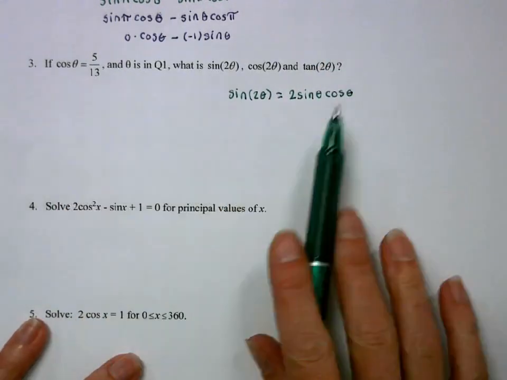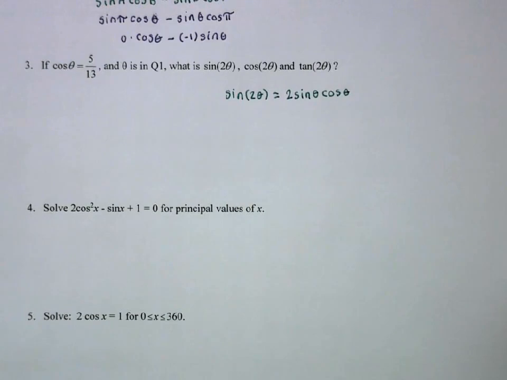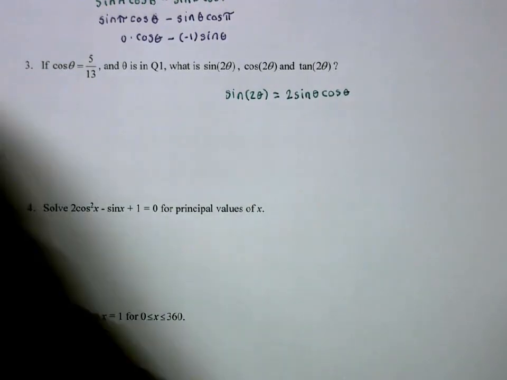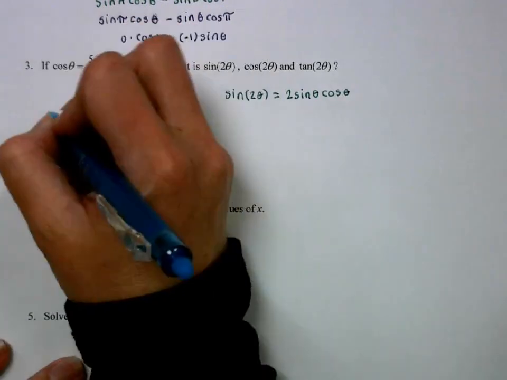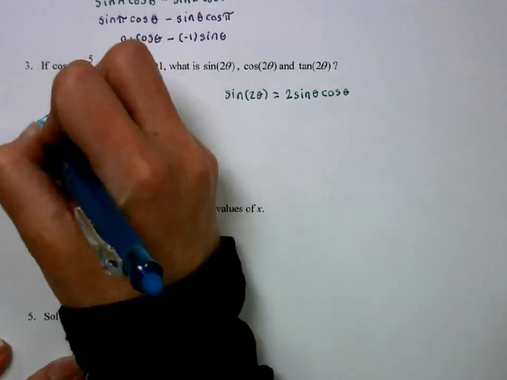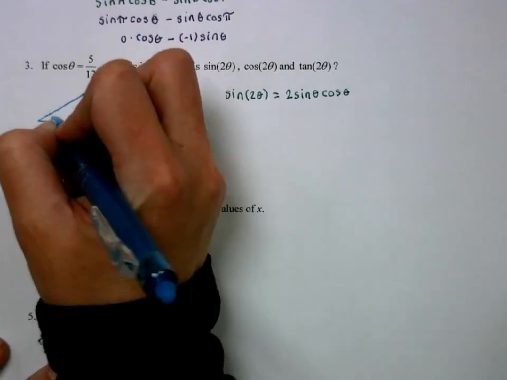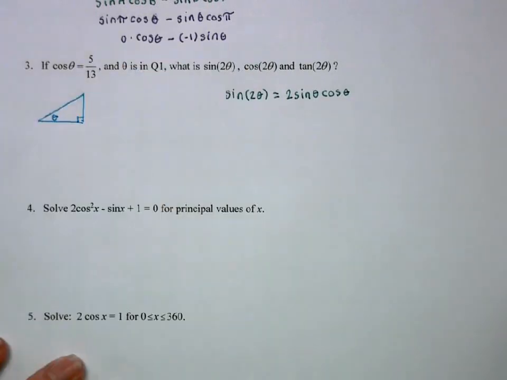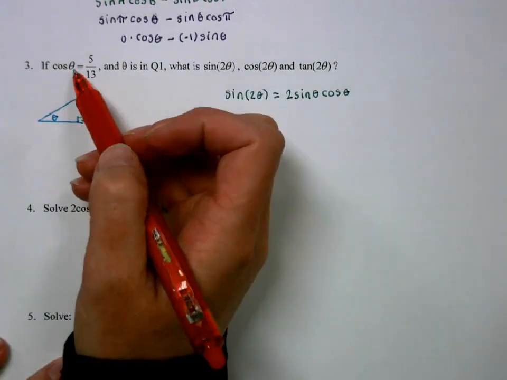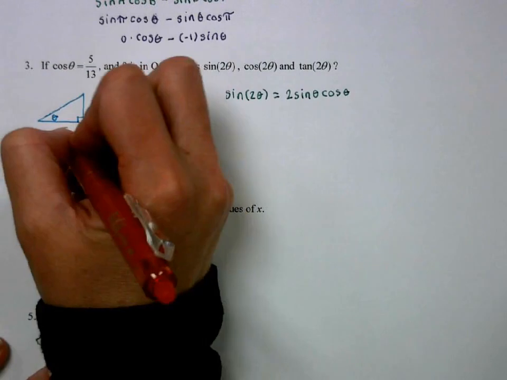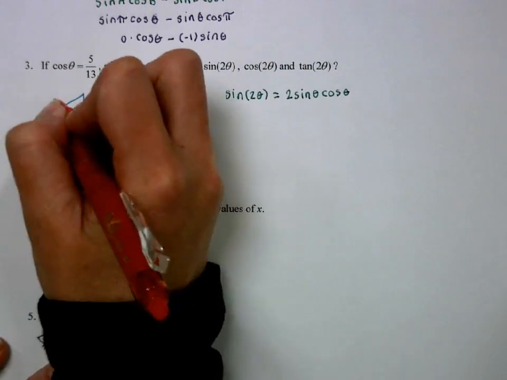But if you'll recall, we figured out that we can find this using a triangle. So I'm going to call that angle theta. And then here, if cosine of theta is 5 over 13, I'm going to say the adjacent side is 5 and my hypotenuse is 13. And I want to find that.